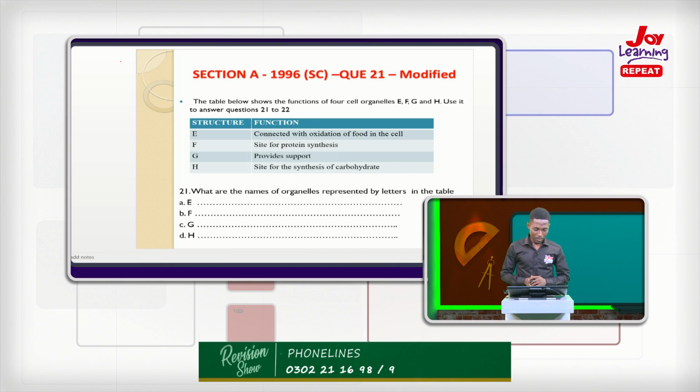The F, site for protein synthesis. Yes, please. It is ribosome. Okay, that's correct. And site for synthesis of carbohydrates. Okay. What will you say it is? Let me see the other, provide support.